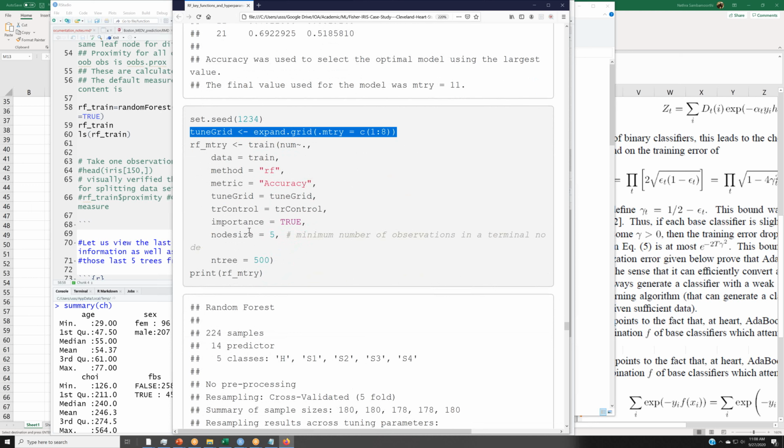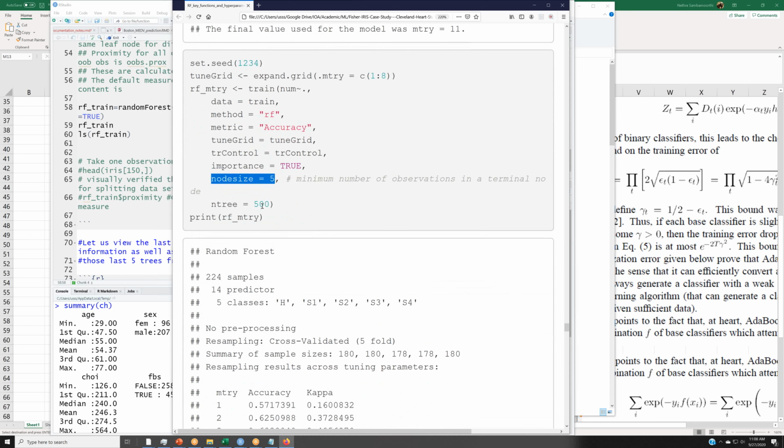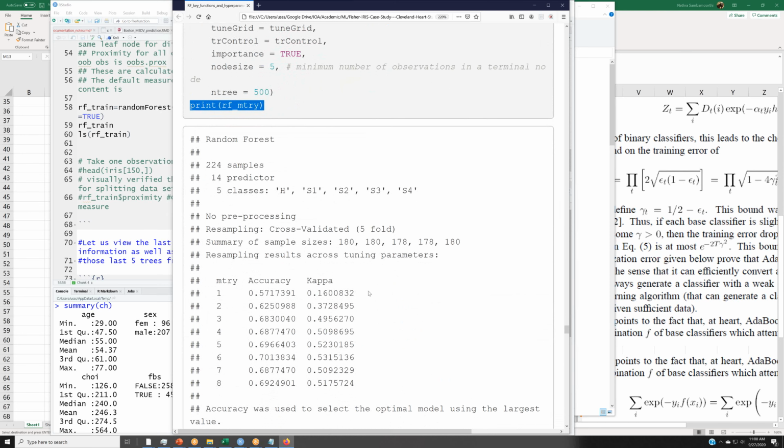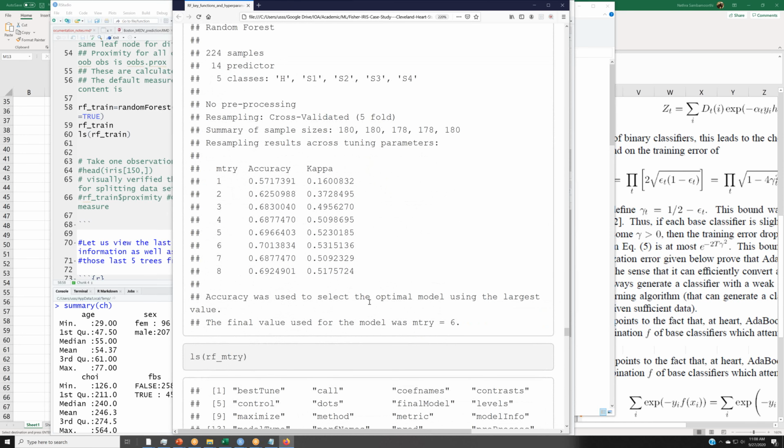Okay. And importance is going to build. Node size, we want to know not more than 5 observations, node size. These are all the ways to control. This is why it's called hyperparameterization. Okay. And number of trees is 500. This time I am giving again 500, and then I'm asking for the print of this output of the model.